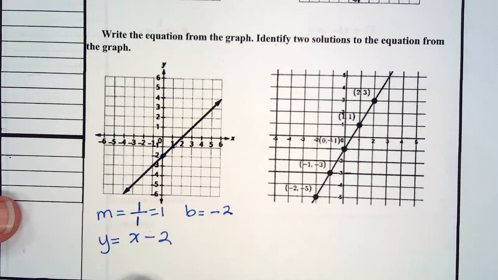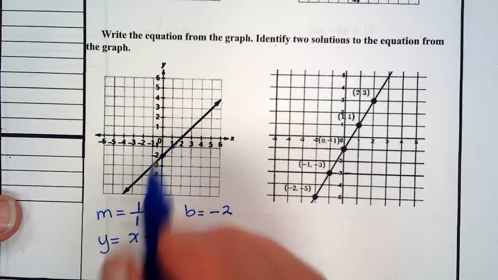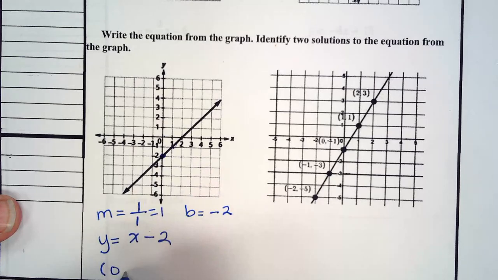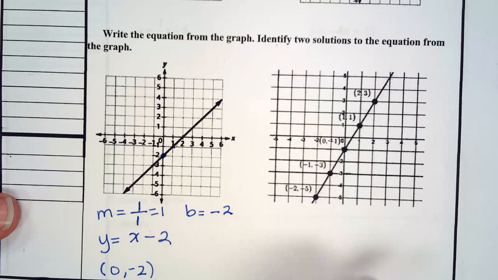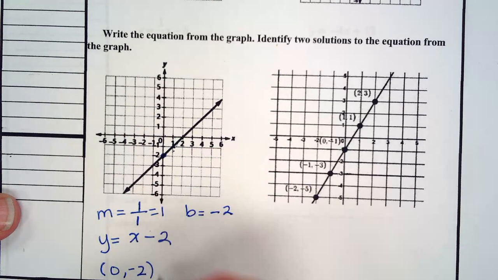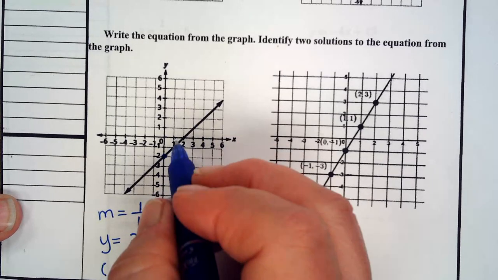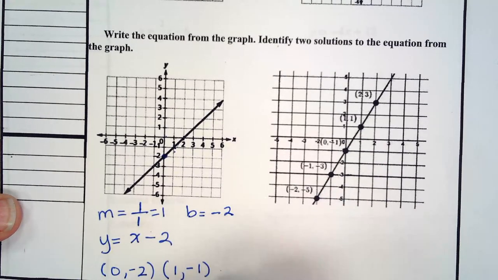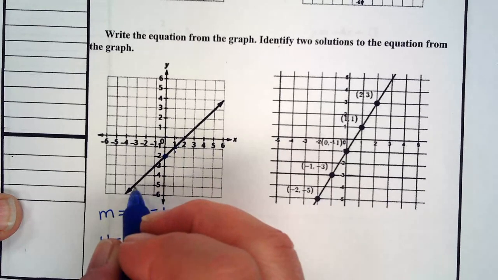Okay, now I need two solutions. This point is 0, -2. It's also your y-intercept. This one would be 1, -1. I could do 2, 0. I could come over here.